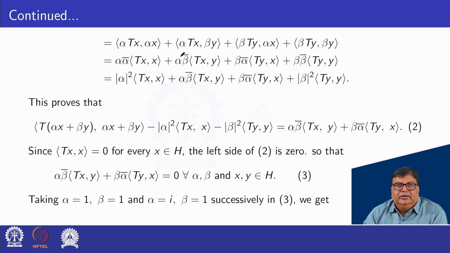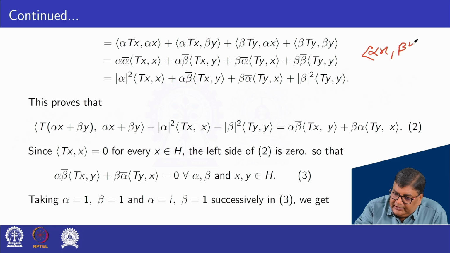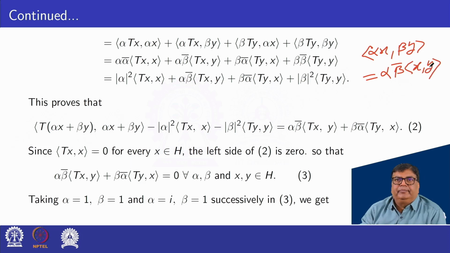So we have this one. Again, applying the property of inner product, (alpha x, beta y) = alpha beta bar (x, y).